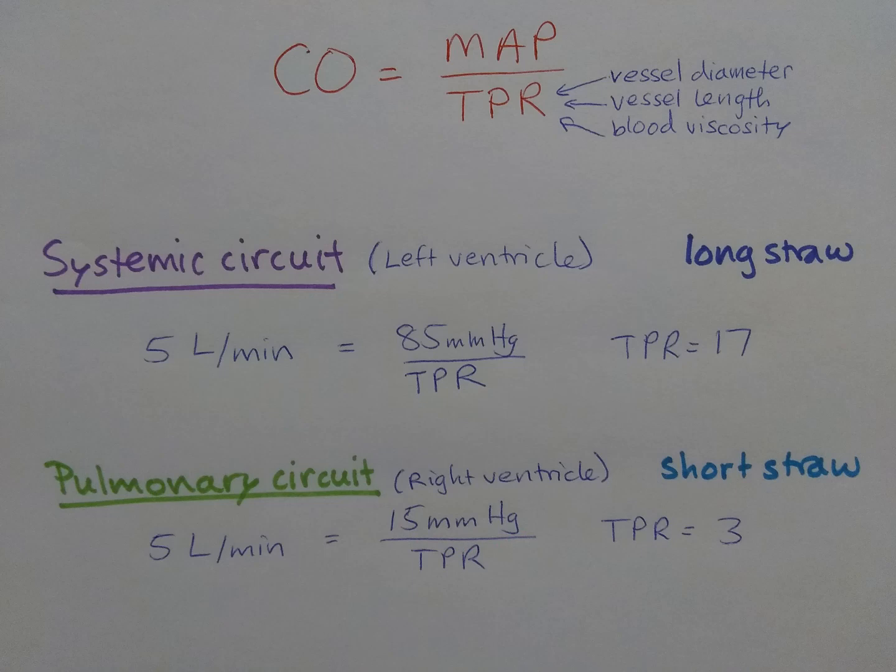So the right ventricle doesn't have to be as thick-walled, and it doesn't have to generate as high a pressure as the left ventricle does in the systemic circuit, because the systemic circuit, that's your long straw. You've got lots of resistance, your resistance up here is about 17. You've got to generate a much higher pressure, a much higher mean arterial pressure, in order to get the blood around that very long distance in that long straw, the systemic circuit.